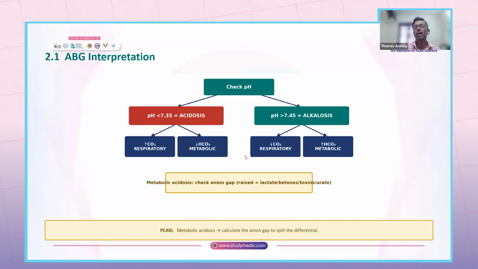So all these patients will have tachypnea and carbon dioxide washout leading to respiratory alkalosis. So it's important that we look at this pattern also. So metabolic acidosis, check anion gap. If it is raised, look for lactate, ketones, toxins, or urine.